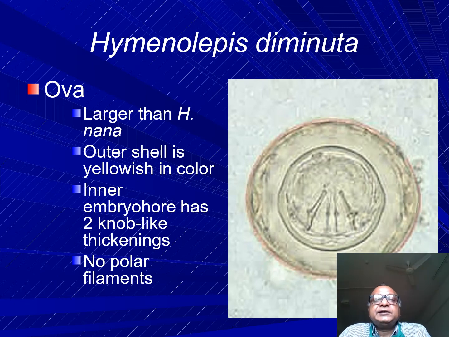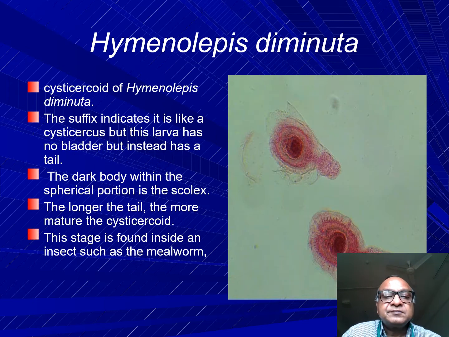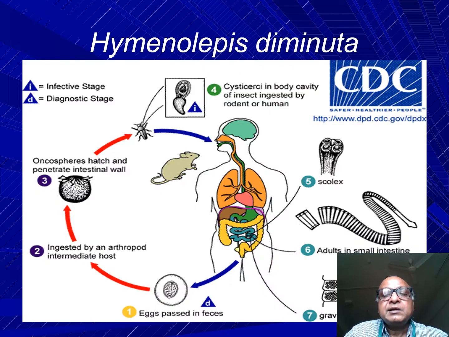Ova of the H. diminuta are larger than H. nana. The outer shell is a little yellowish and there are no polar filaments. Cysticercoid of the H. diminuta. Life cycle of the H. diminuta.